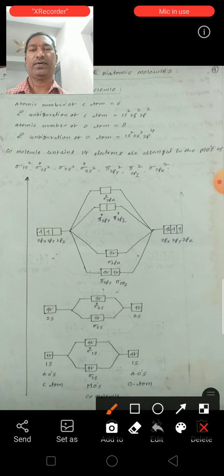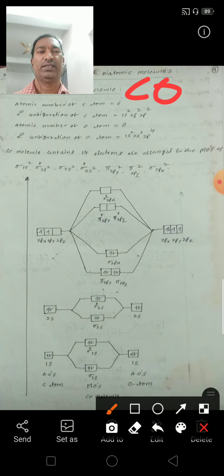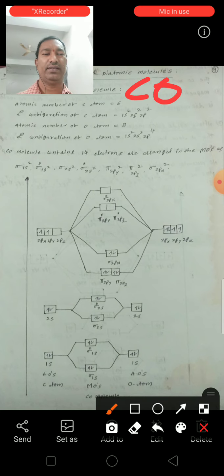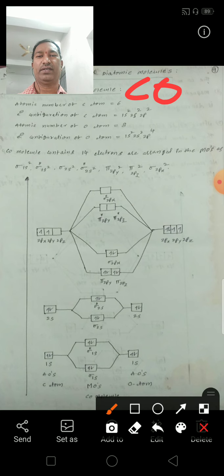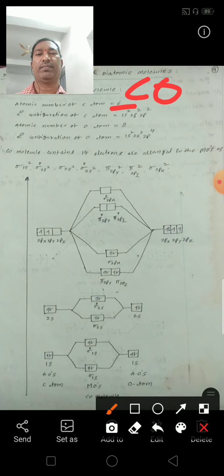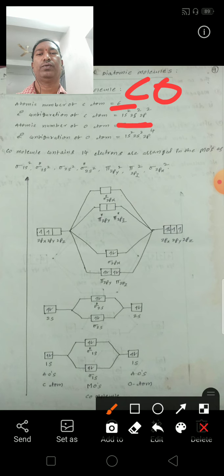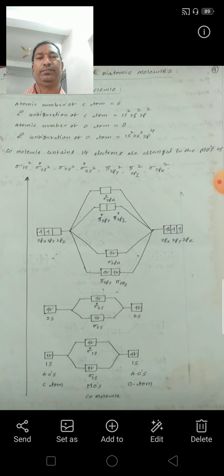The formula of carbon monoxide is CO. In that, two atoms are there, one carbon and one oxygen. First, the atomic number of carbon is 6. The electronic configuration of carbon is 1s2, 2s2, 2p2.